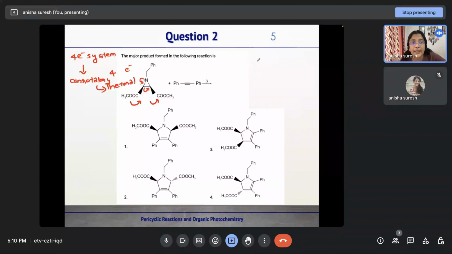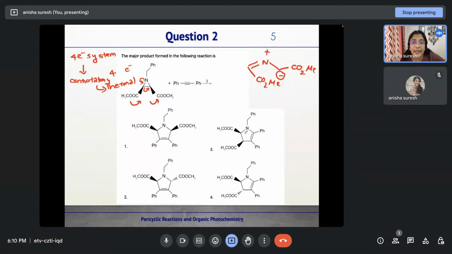So what we will be getting is CO2Me, CO2Me like this, plus minus. So this is the dipole we will be having, and this is the dipolarophile. So the dipole will be reacting with the dipolarophile, and we will be getting one among these products. So what will be the product that we'll be getting?